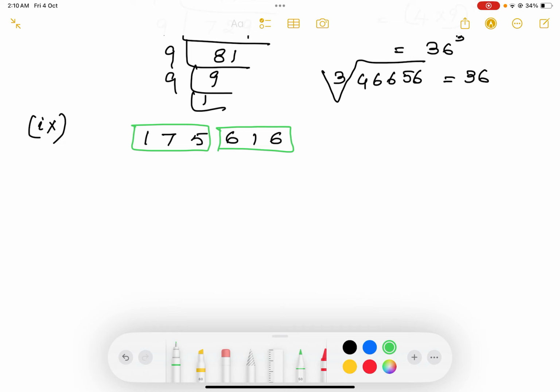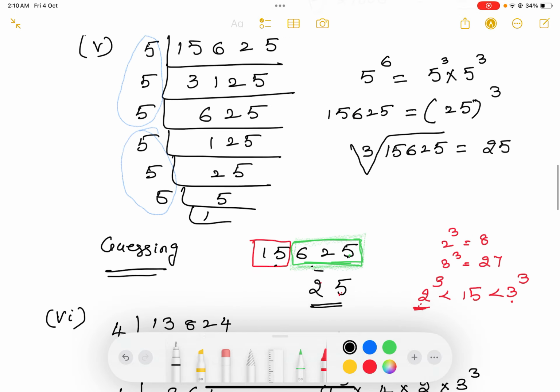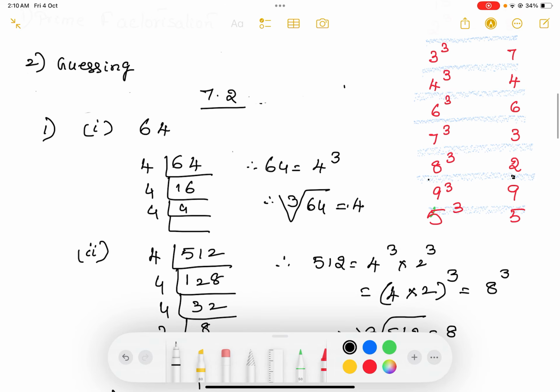So from 6 it is again 6 as the units place, and 175. So 175 lies between 5 cube, which is 125, and 6 cube, which is 216. Correct? Do you remember? You have to memorize this, I told you.